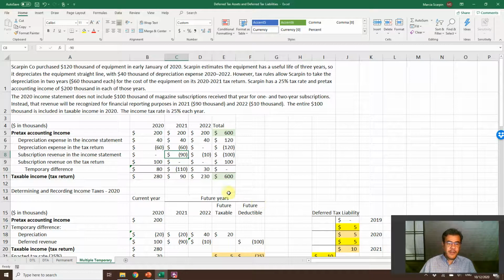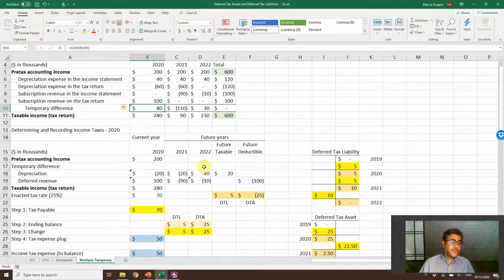So the temporary difference 80, negative 110, 30, so total 0, so all temporary difference. And here the taxable income. Okay, so pre-tax plus temporary difference.